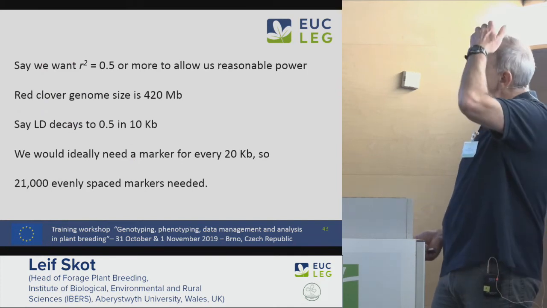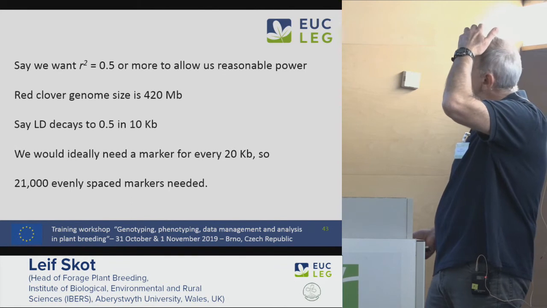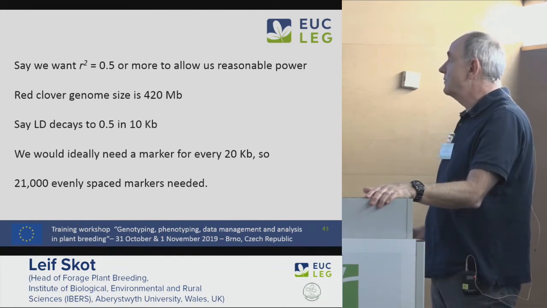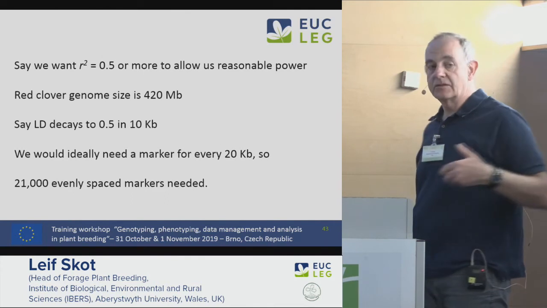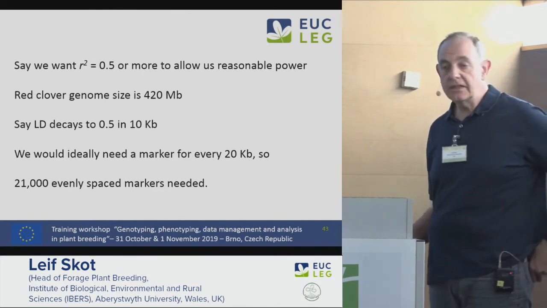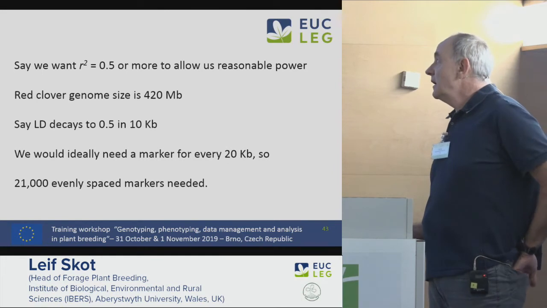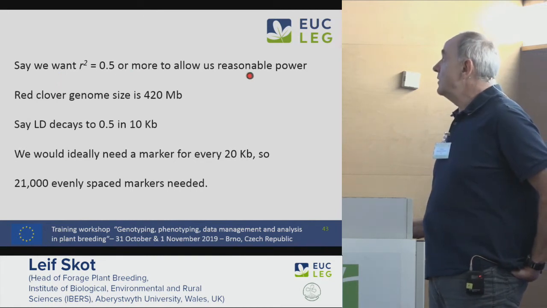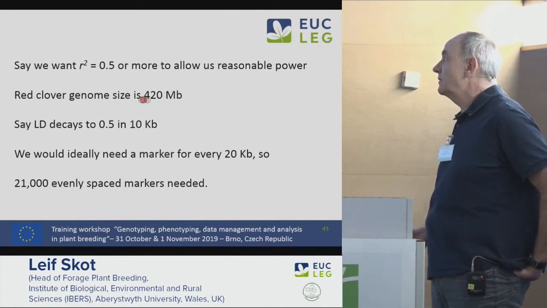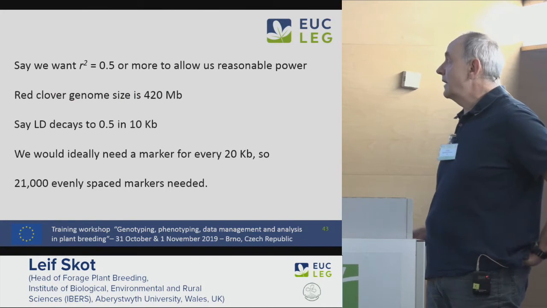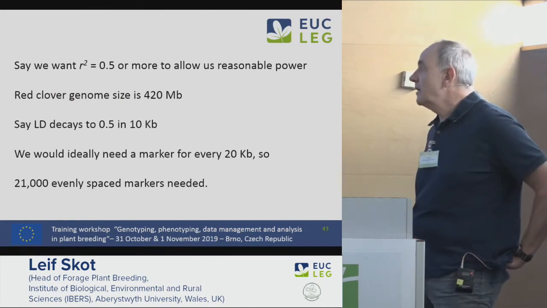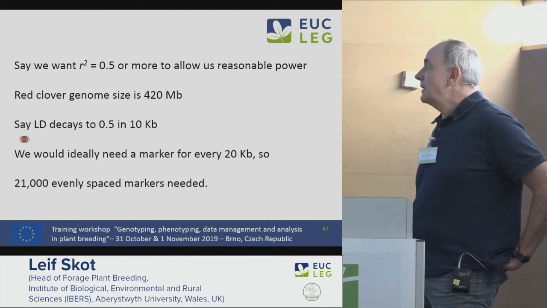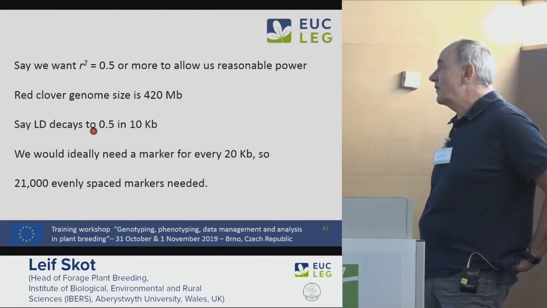That's another illustration of what you ideally require in terms of marker density if you want to do genome-wide association studies. Say, for example, we want an R squared value of 0.5 to allow reasonable power. Say you were working with red clover, where the genome size is around 420 megabases, and say LD decays to 0.5 in 10 kb.